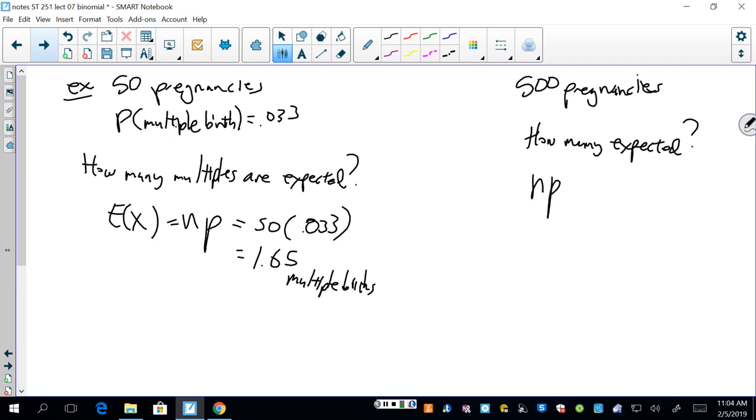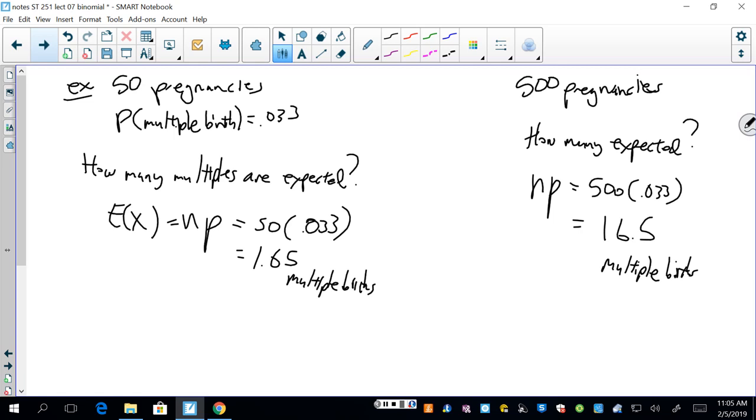Again, if it's all binomial, it'd be n times p, so 500 times 0.033, and so 16.5 multiple births expected. If you track this over the years and saw a great decrease or a great increase beyond that, you might wonder what's going on in the county.